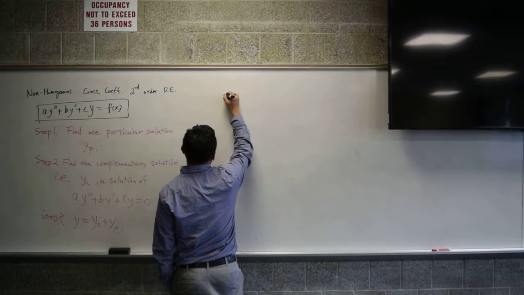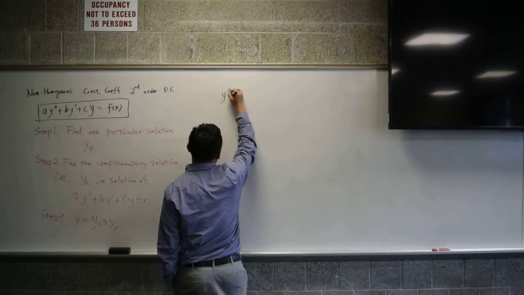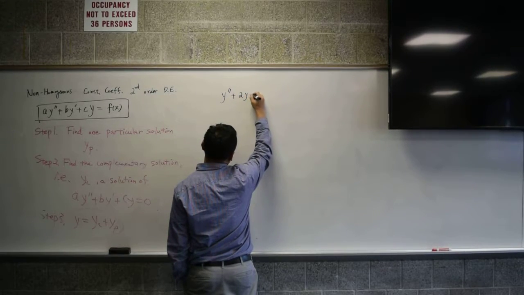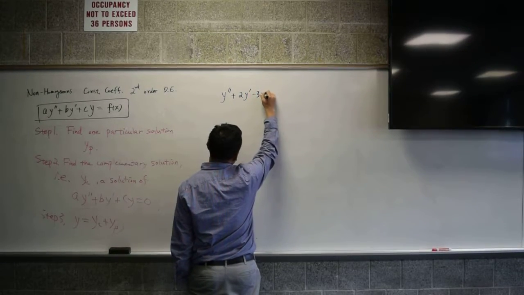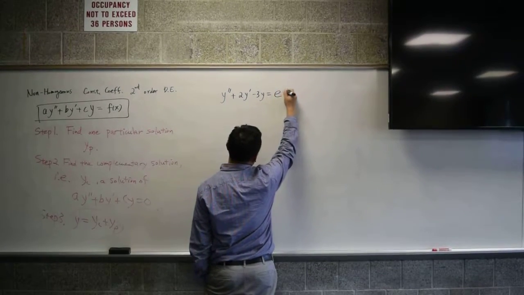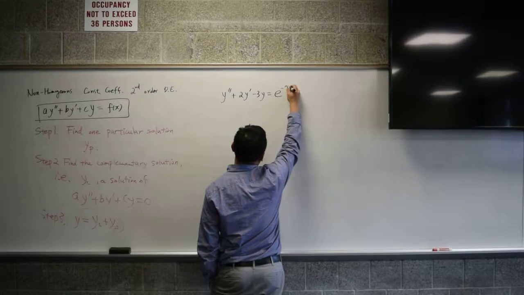Let's say you have y double prime plus 2y prime minus 3y equals e to the negative x.